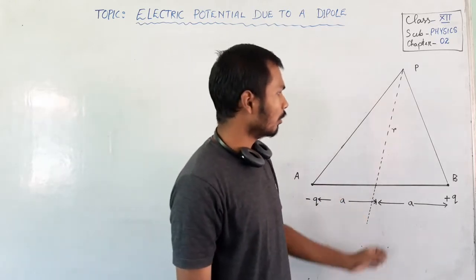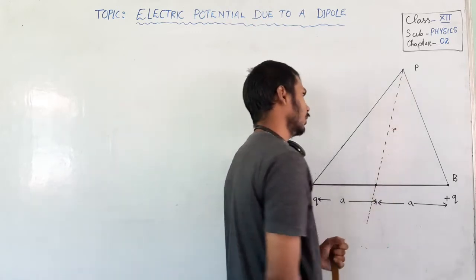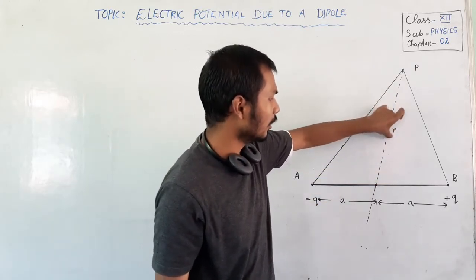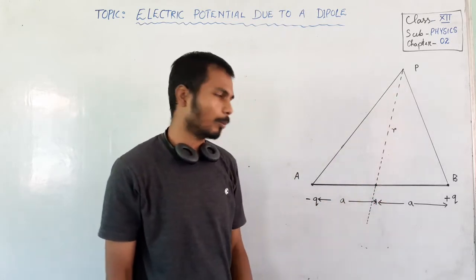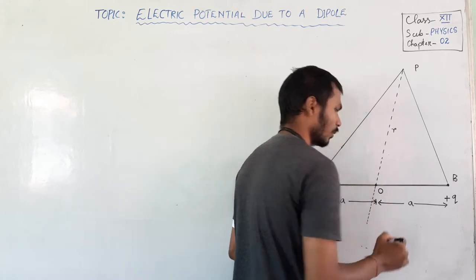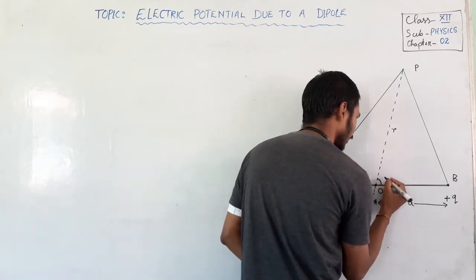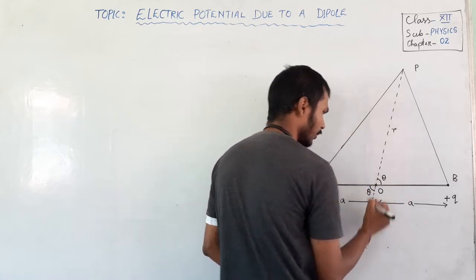Now this point P is at a distance r from the center of the dipole, and name this center as O. Now name this angle theta. Automatically this angle will also be equal to theta.